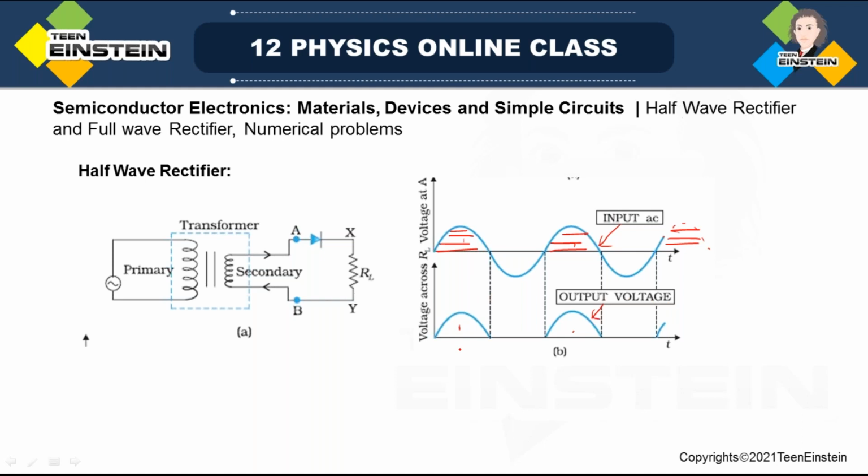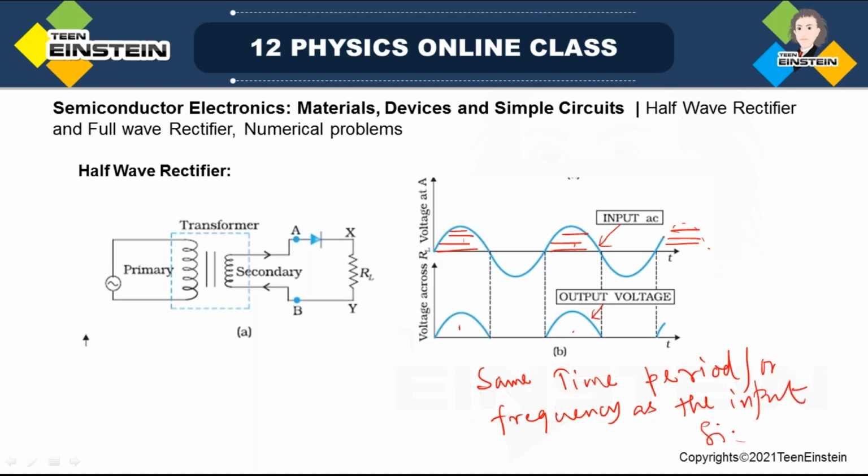So these two, you can see that the output has the same time period, or the same frequency, as the input signal. Same frequency as the input signal.